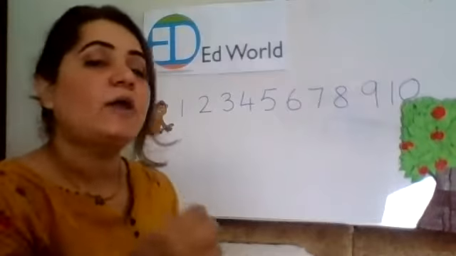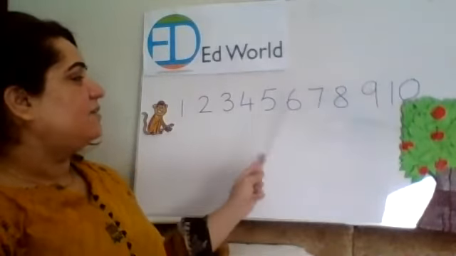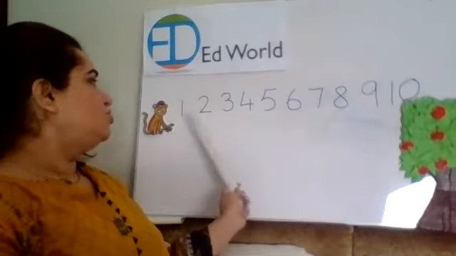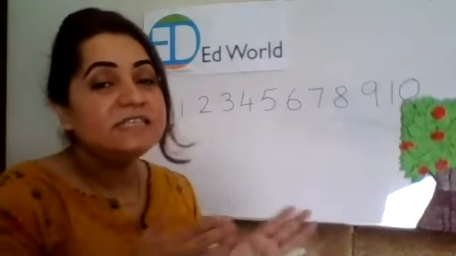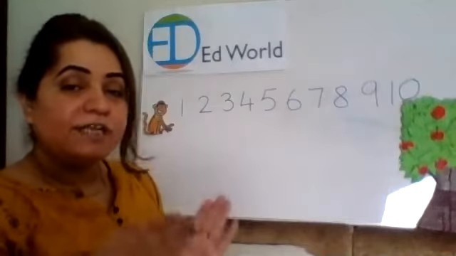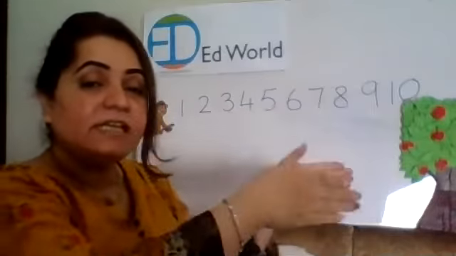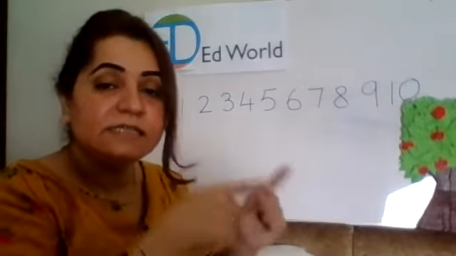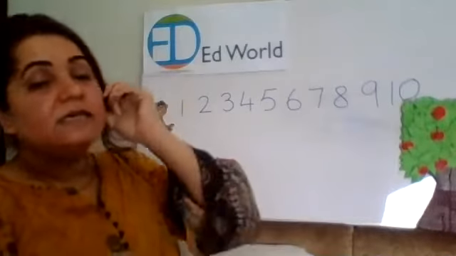He came backwards. 10, 9, 8, 7, 6, 5, 4, 3, 2, 1. Wow. Now this is called backward counting. He came all the way backward from 10 to 1, right? This is called backward counting, okay?